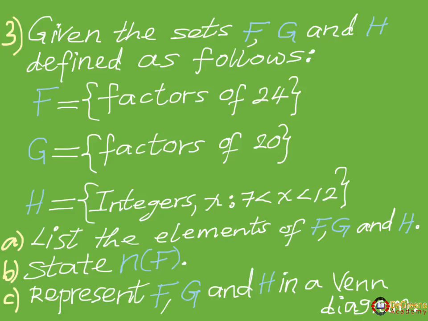Integers are whole numbers, whether negative or positive. But in this case, 7 is not part of it. So the integers should be between a number higher than 7 and a number less than 12. So you are asked to list that. So we are going to list that.